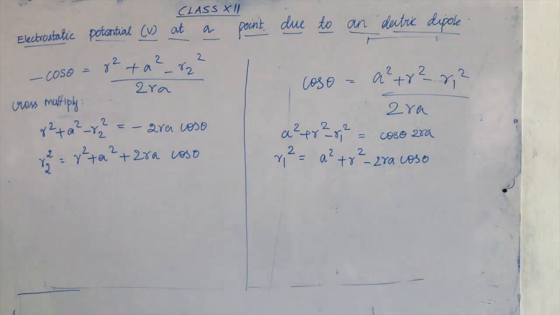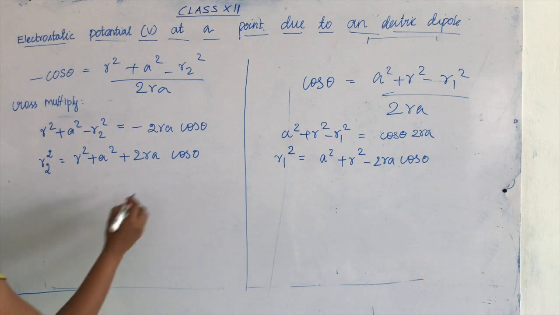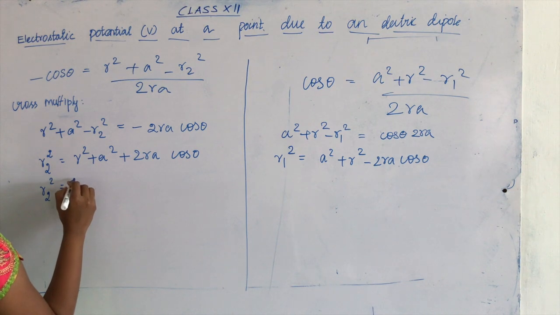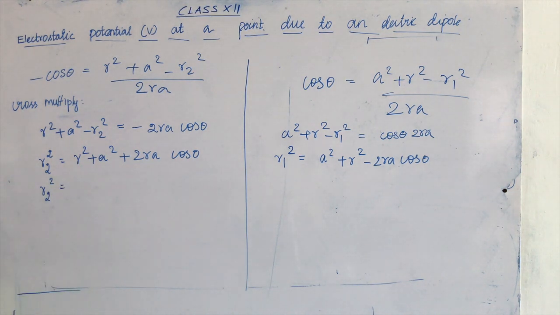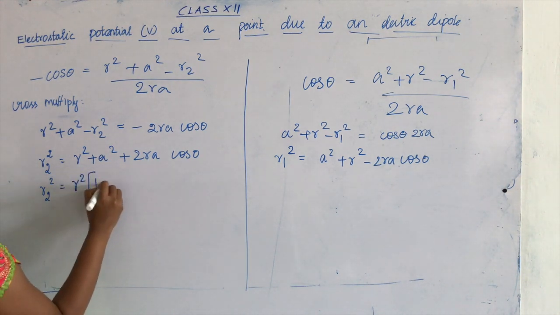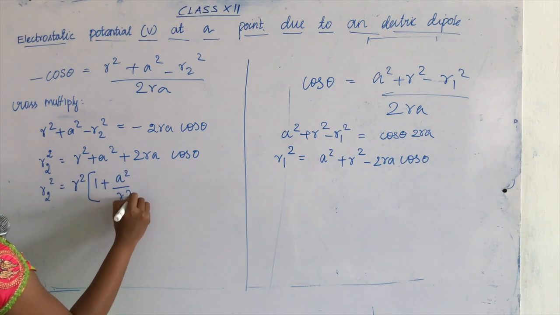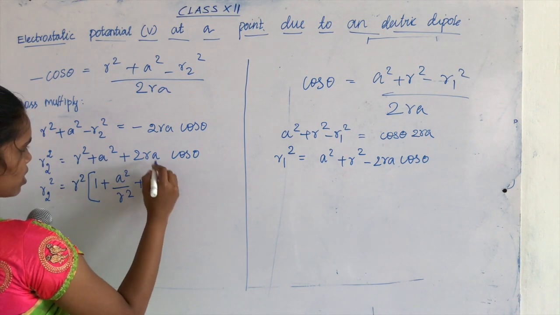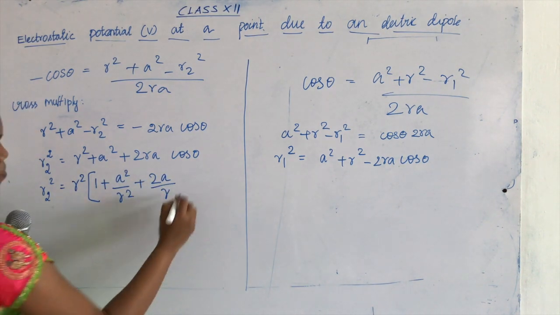Now you have R1 square and R2 square. If you take R square outside, R2 square equal to R square times 1 plus A square by R square plus 2A cos theta by R, because R cancels with R cos theta.